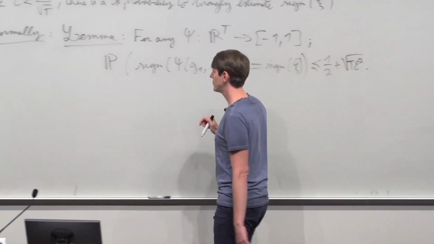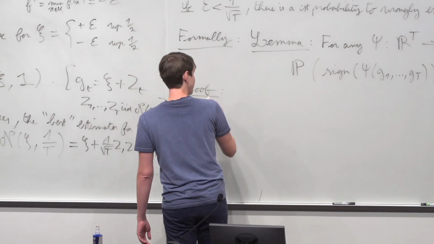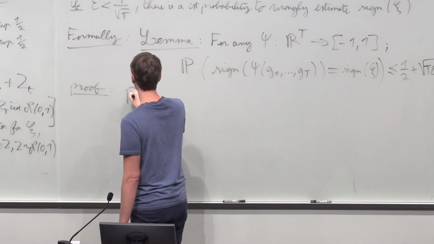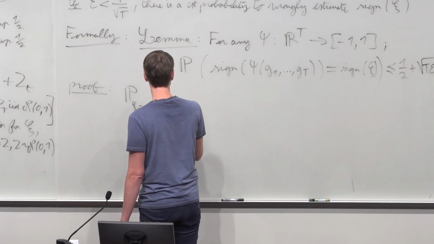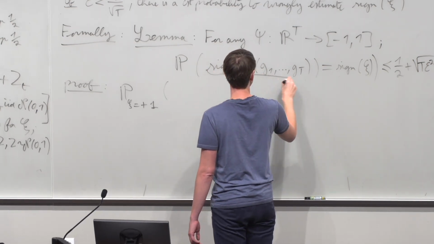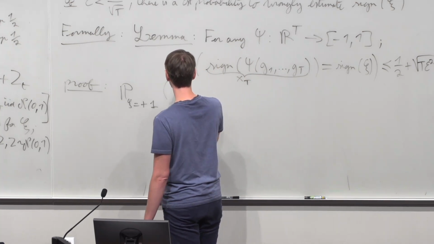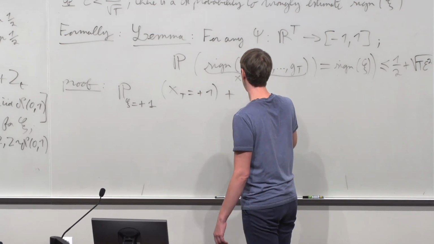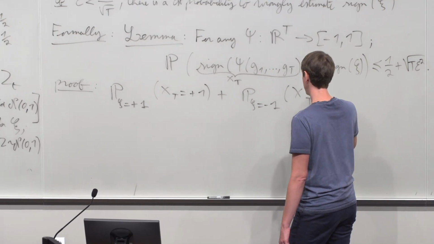Okay, so how do you prove such a statement? You prove it like this. So the probability, say when xi is equal to plus 1, that, let's call this variable xt, the probability is that xt is equal to plus 1, plus the probability when xi is minus 1 that xt is equal to minus 1.